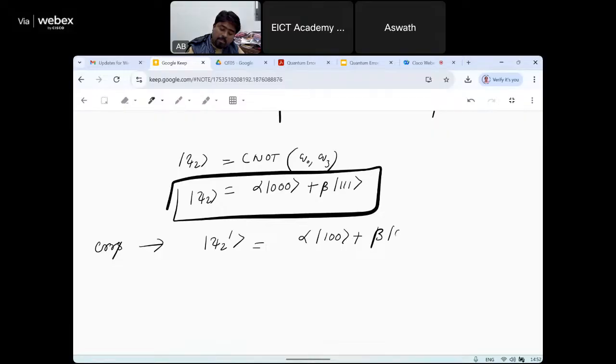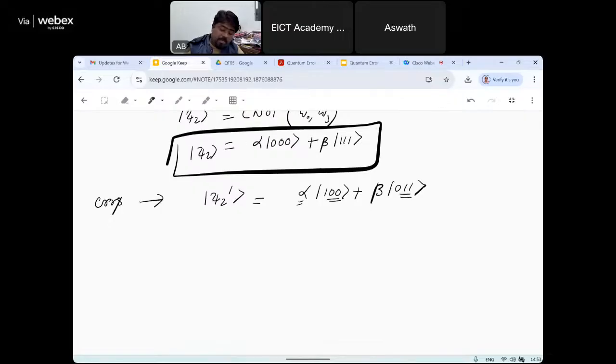Now I just check on the other two guys, what are their probability amplitudes. The ground state probability amplitude is alpha, excitation probability amplitude is beta. So I take that information to be the right qubit information.